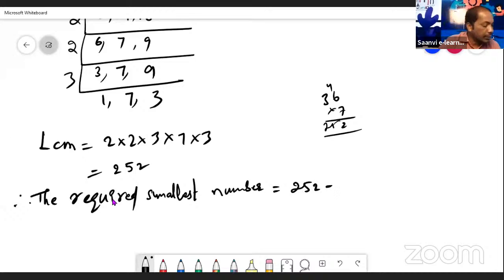See here, in this, what is given? Find the smallest number which when added to 5 is exactly divisible. So here we have to subtract 5. So what we get? 252 minus 5 is 247. So the required number is 247.